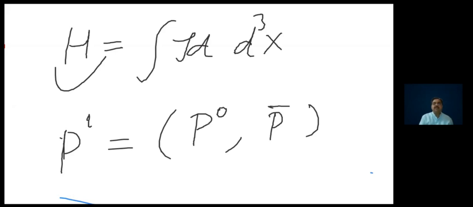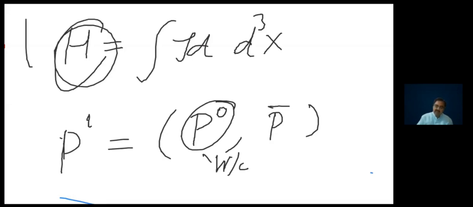In the case of particles, we called it the relativistic momentum of the particle. In the case of fields, you have the conjugate momentum. This P0 was energy divided by c. So this H is like P0, the time component.